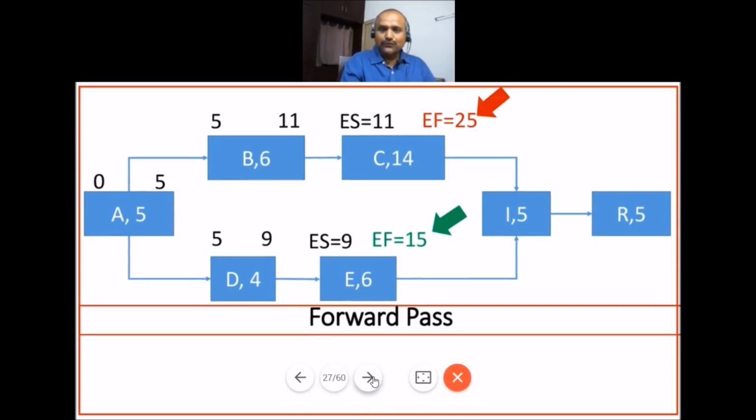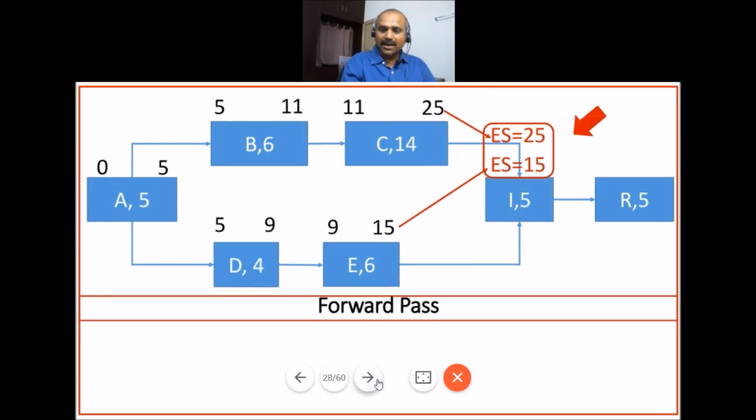Now, if you add duration on top of that, 11 plus 14 is equal to 25. So the earliest finish for activity C is 25, because we just added 14 days, which is the duration for activity C, to its earliest start date. Similarly, if you come down to activity E, we get early finish as 15 days because earliest start is 9 days. 9 plus 6 is 15 days.